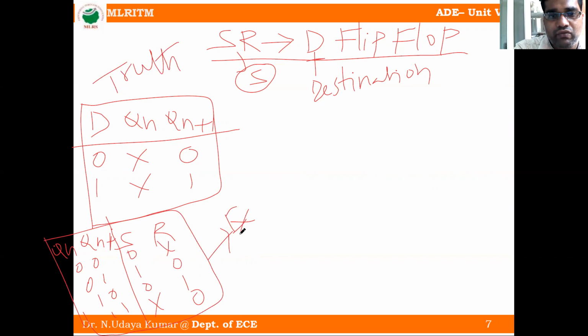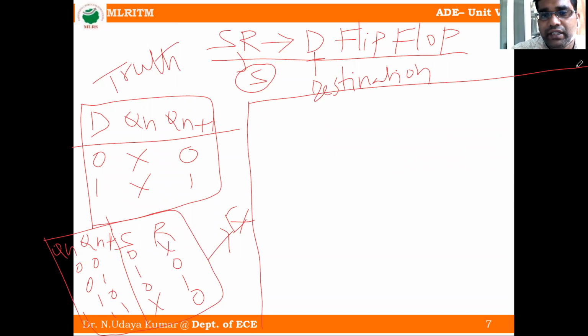Now we will find the extended excitation table from the D flip-flop.